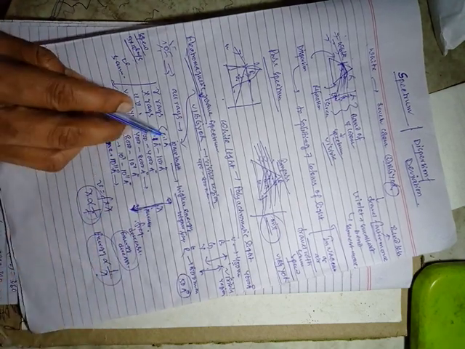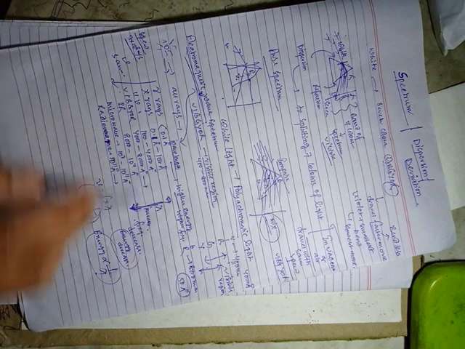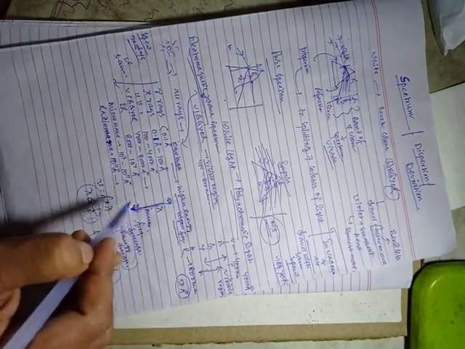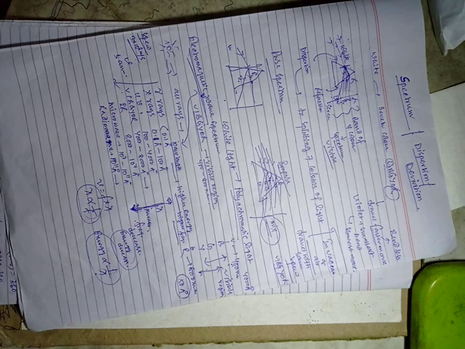So above, first, will be higher frequency and higher energy. If you go down below, energy becomes less, frequency becomes lower, and lambda increases.